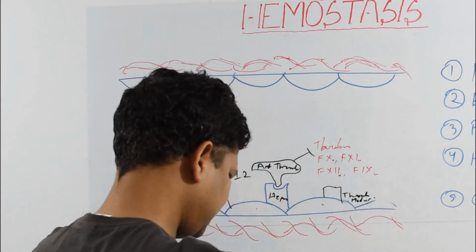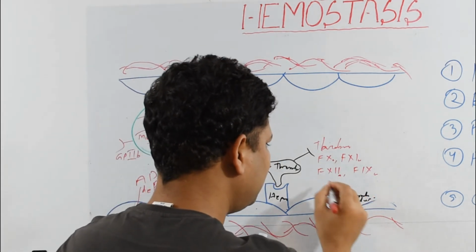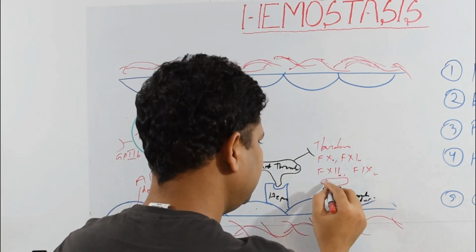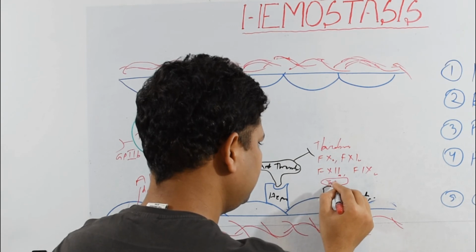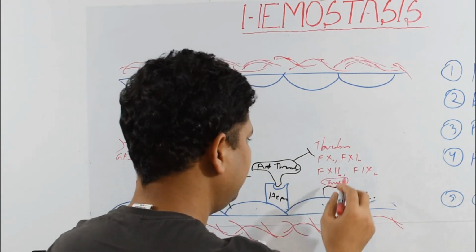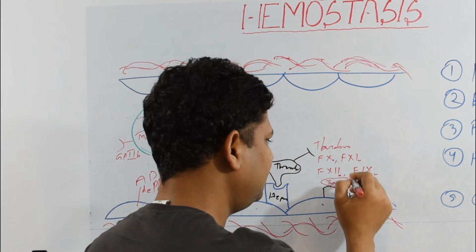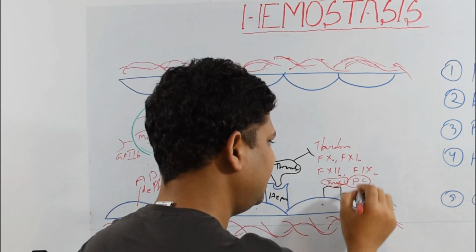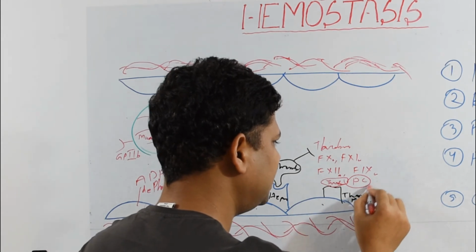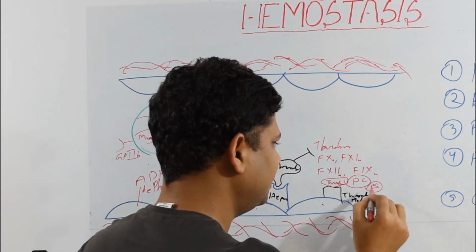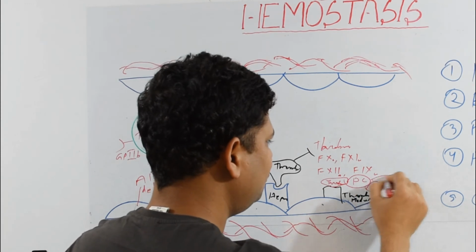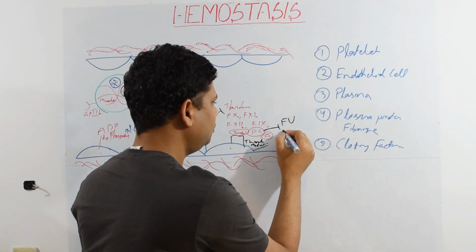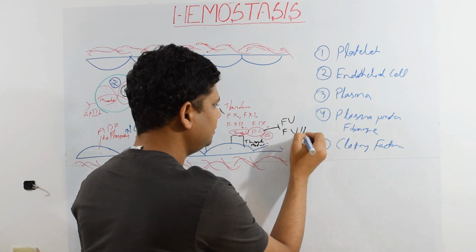When thrombomodulin binds to thrombin, this thrombin will activate protein C, and this protein C along with protein S will inhibit factor 5 and also factor 8.